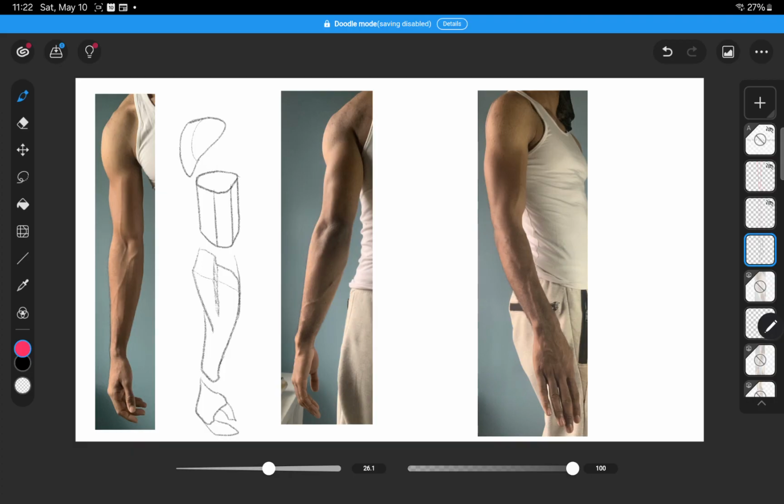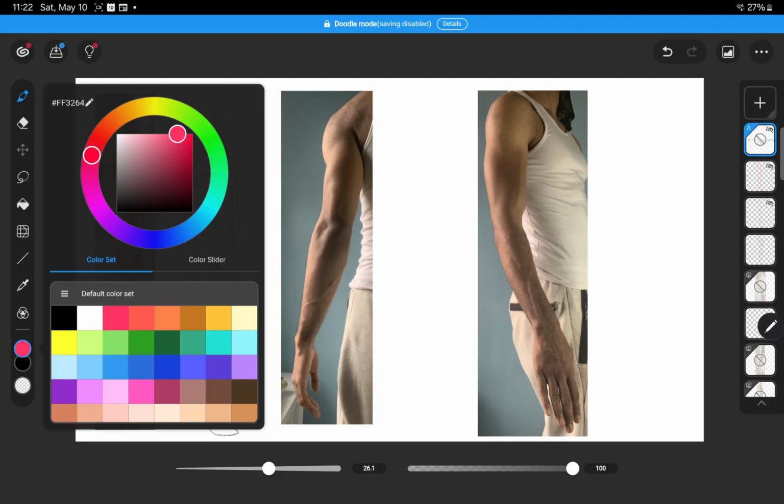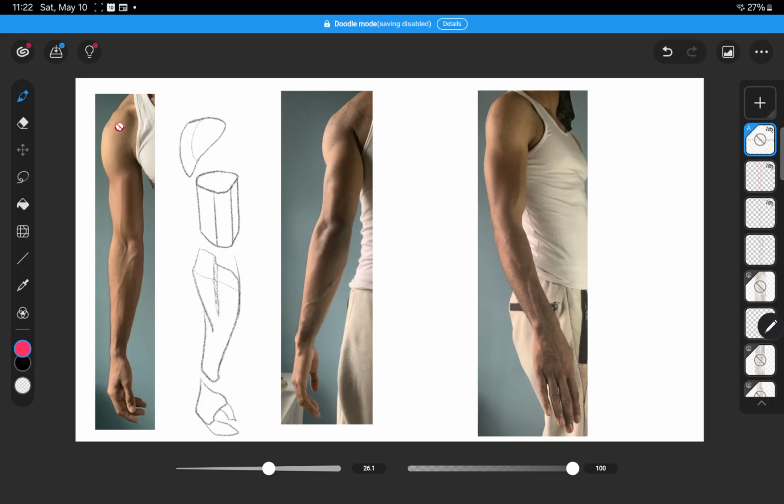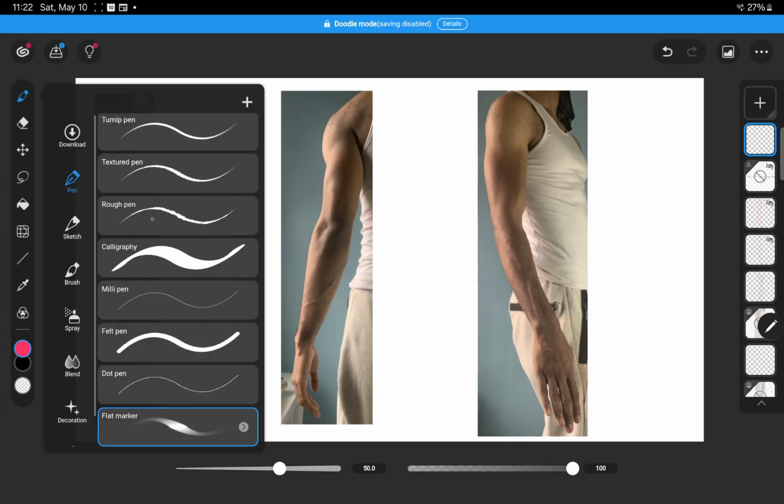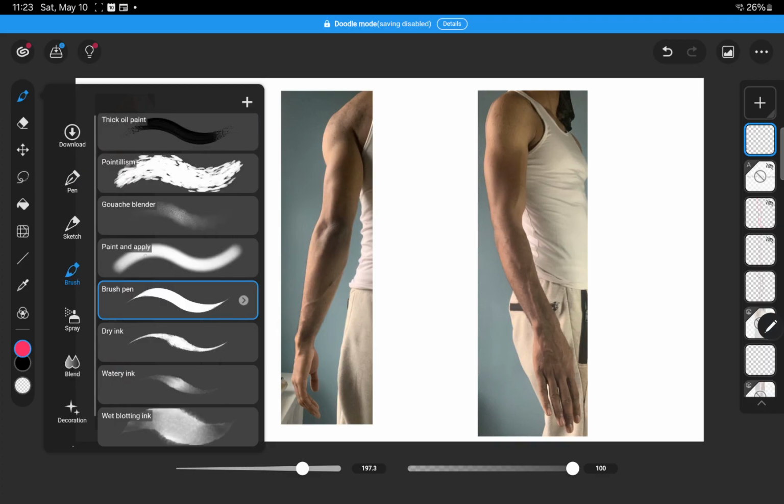Oh, and a good thing to note. So many times what I see, and I myself included, I still have to beat this mistake out of myself, is a lot of people would draw this arm and then draw the forearm straight down. Give me a brush pen.